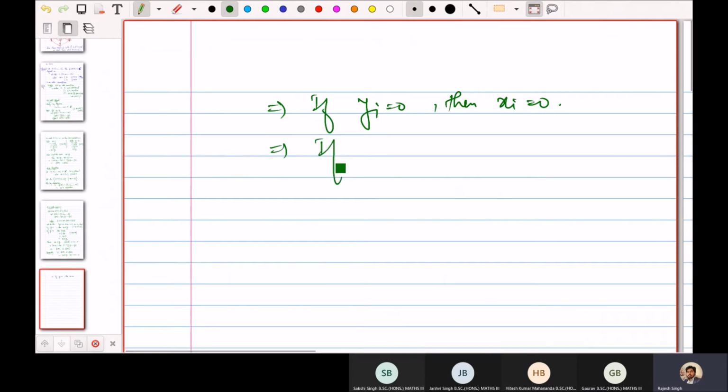So this implies if i does not belong to B, then i does not belong to A, and this implies A is contained in B. This is also a definition of subset. If i does not belong to B, then i does not belong to A. That means A is a subset of B. Okay? So this is also one of the definitions of subset. So A is contained in B.